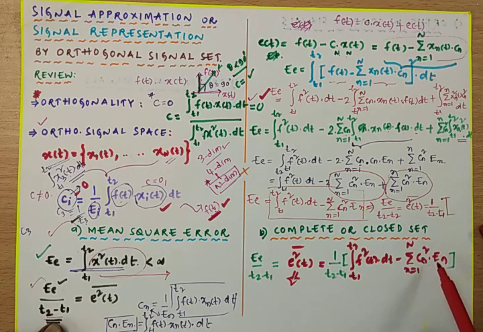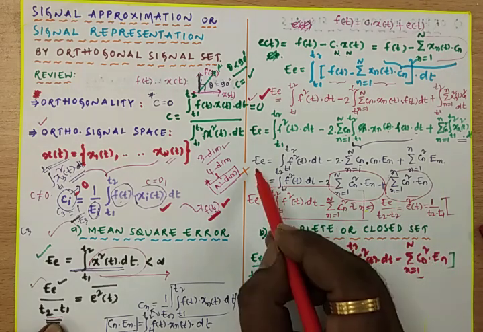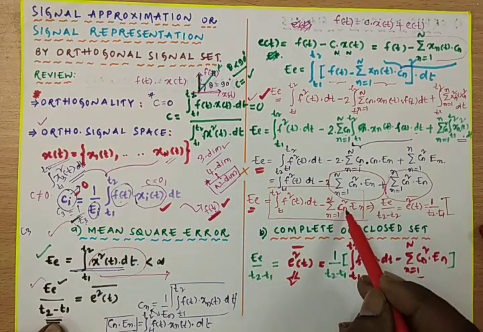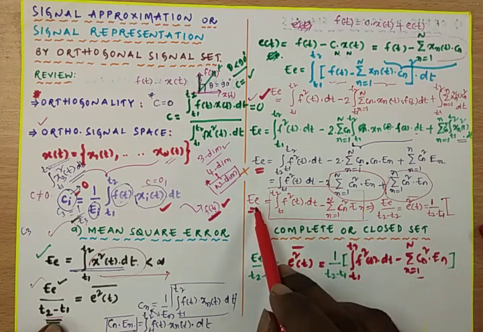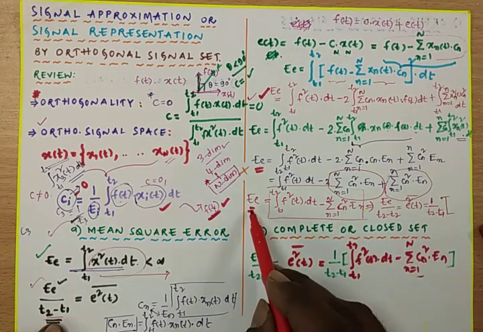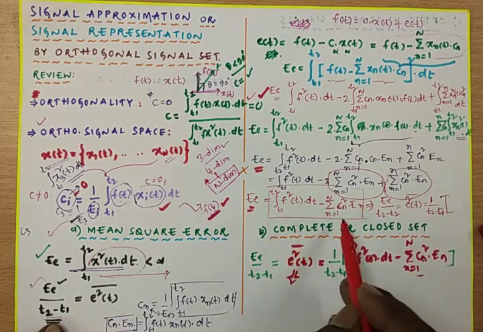That means the error energy EE is reduced if n increases. Ideally this EE is 0 when n tends to infinity.